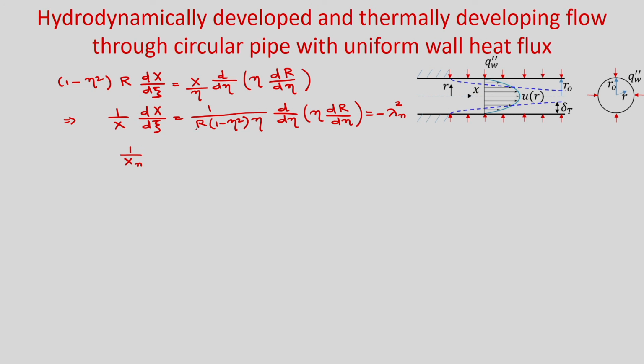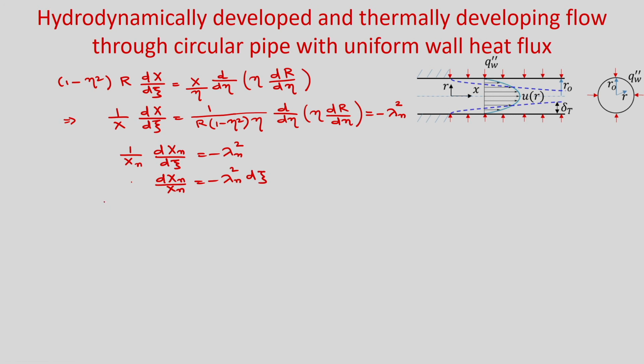So, now this x and r we will write in terms of n. So, you will get dx n by x n as minus lambda n square d zeta. So, you can see its solution will be exponential.